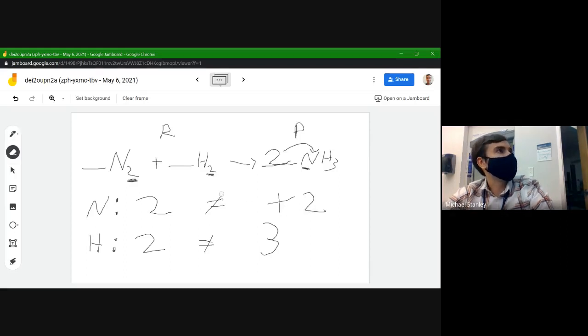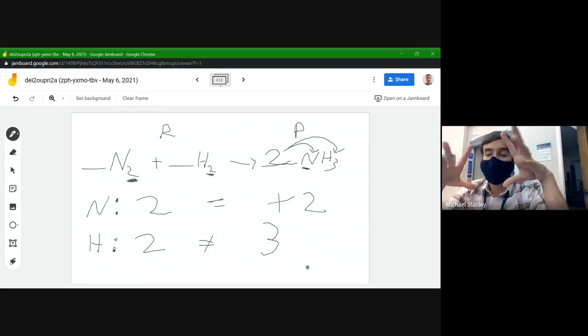It looks like we have equaled out our N's a little bit. That's nice. But when you have this 2 that's going to take our nitrogen from 1 nitrogen to 2 nitrogens, don't forget, it's also going to come over here and mess with this hydrogen as well.